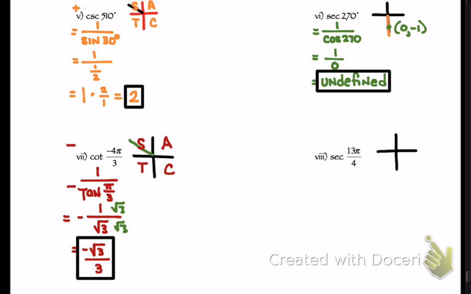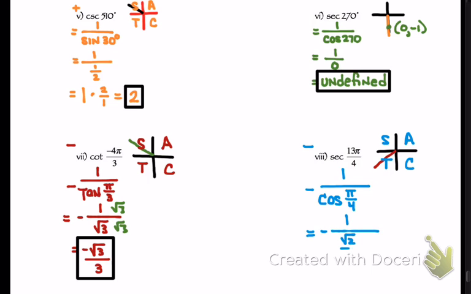Last one. 13 pi over 4, obviously, is in the third quadrant. Reference angle, I think you got that. Secant is the same thing. A simple trig chart. Negative. Secant is the same thing as 1 over the cosine. Reference angle was pi over 4.